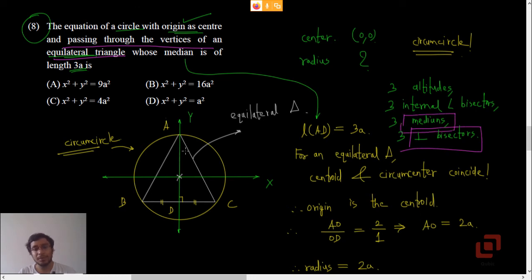So I have dropped a perpendicular from point A on the side BC, and according to the property of an equilateral triangle, that perpendicular will also bisect the segment BC. So the length of the median is now the length of AD. Let me show it here.